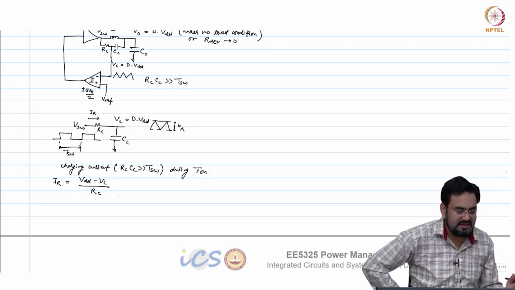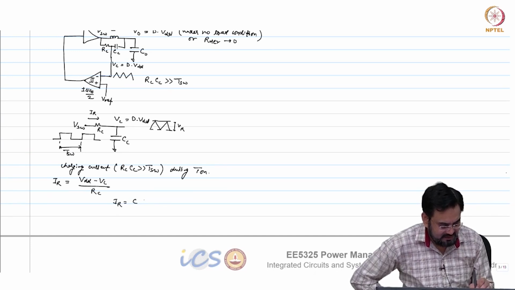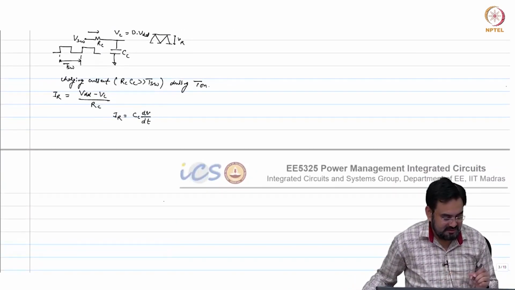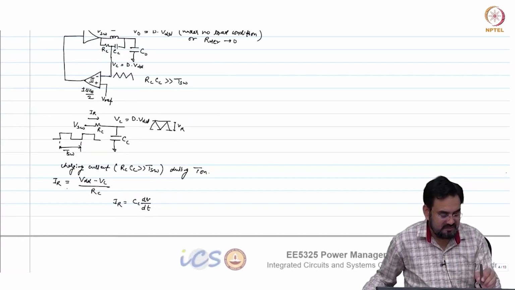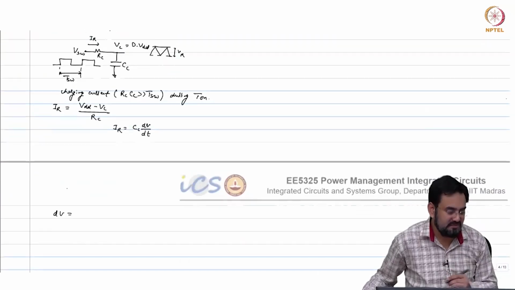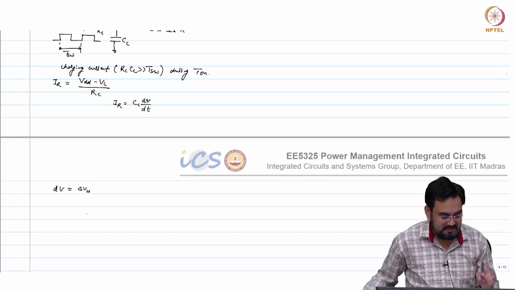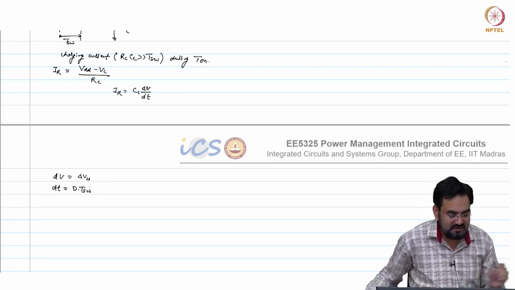It is charging the capacitor, so it is Cc dV by dt, correct. So, what is dV here? We are limiting between the hysteretic window. So, dV is nothing but delta Vh. What is dt? D times TSW, T on.